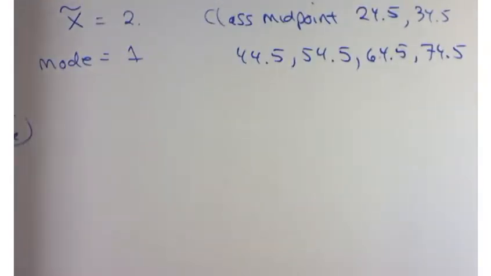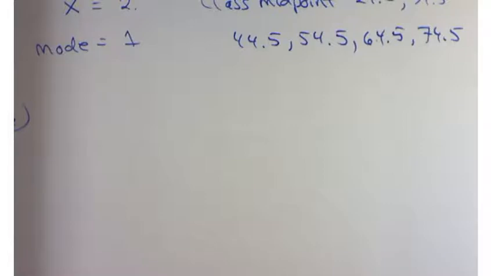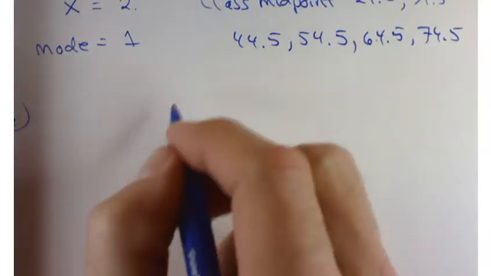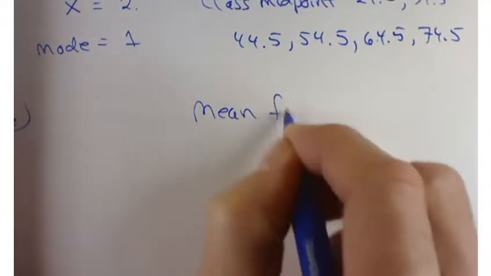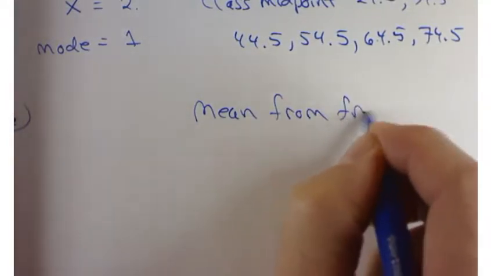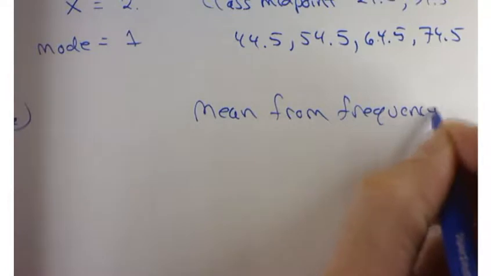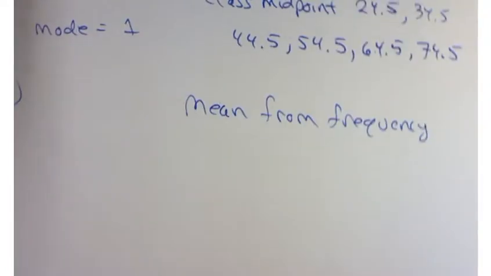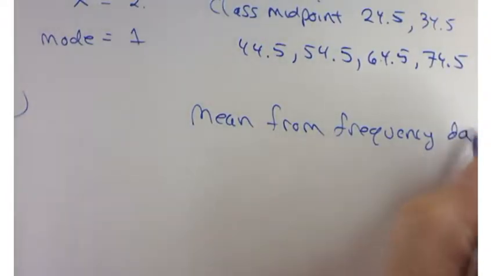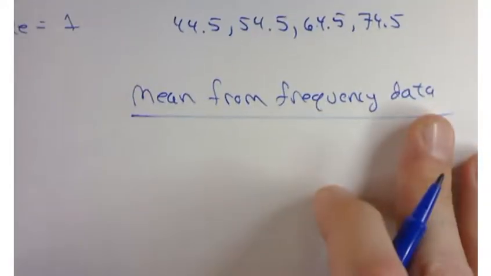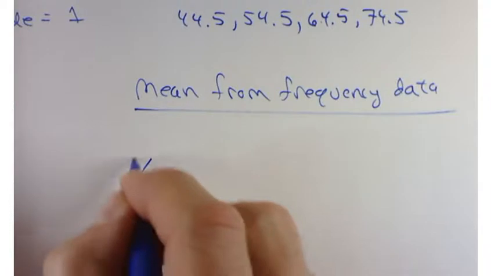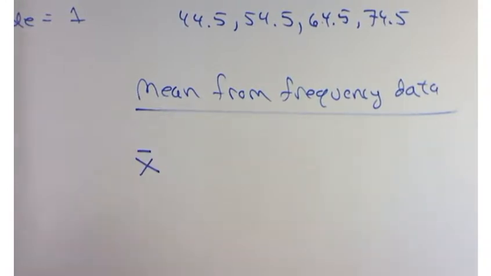Now, let me write down the formula that we're going to use to find the mean of a data set from frequency data. So again, call that X bar your sample mean.